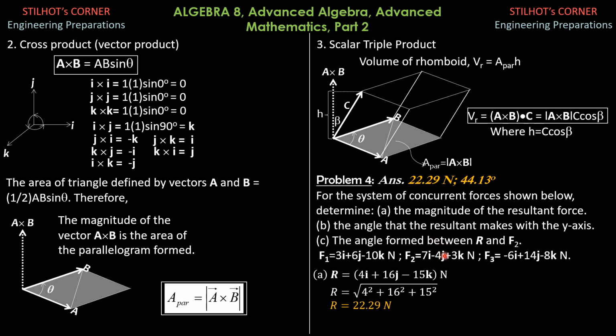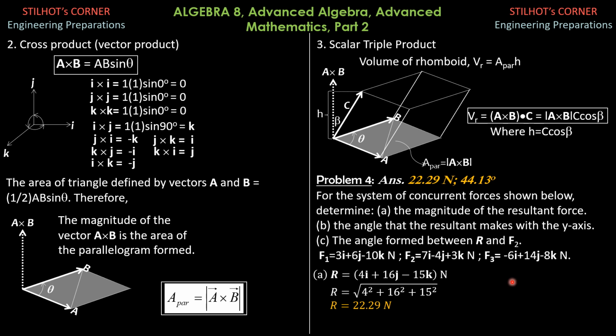So Ry divided by R because the magnitude of the unit vector J is 1. So R dot J is the magnitude of R times 1 times cosine of theta y.